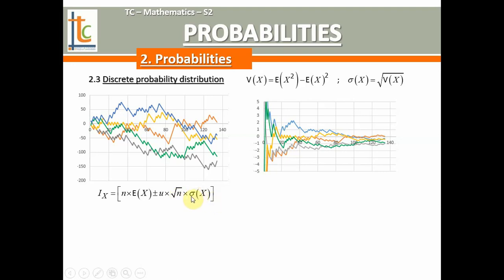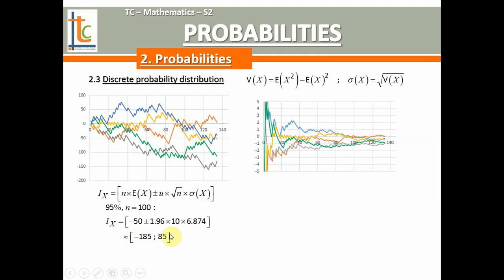So what does sigma of x mean here? Let's take a numerical example. Let's take a 95% confidence interval and let's build our interval for 100 trials. All these numbers give these calculations which lead to this result.